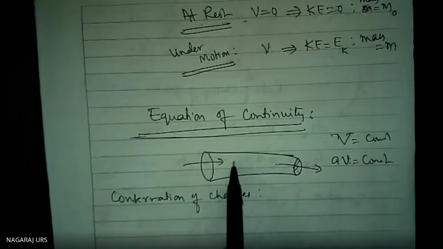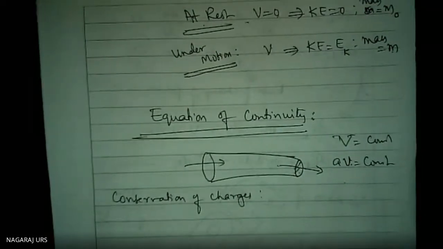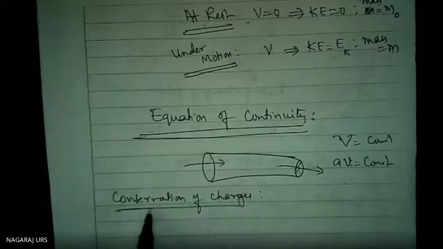The rate of inflow of charges is equal to the rate of exit of charges. They are equal to each other. This is the equation of continuity, or the conservation of charges principle.